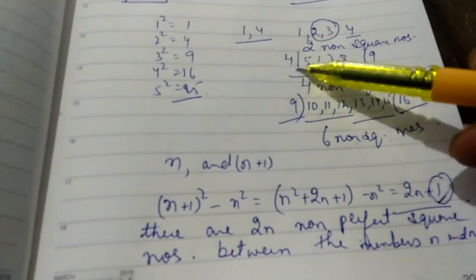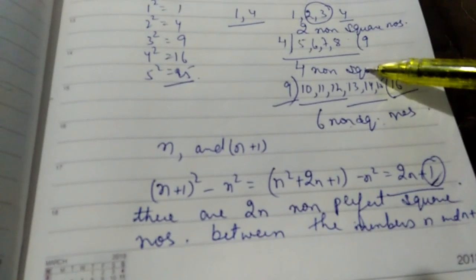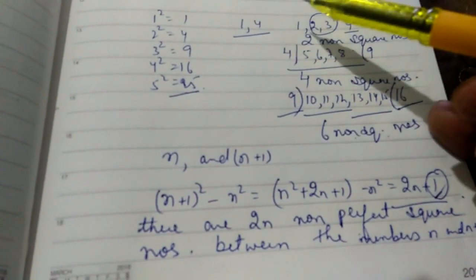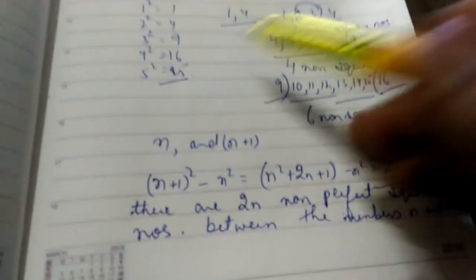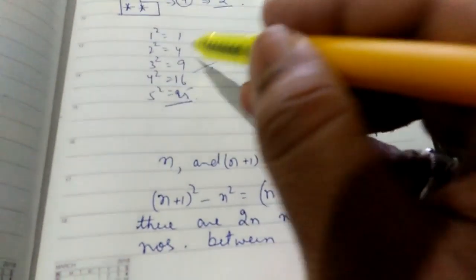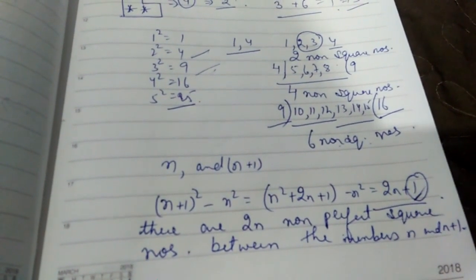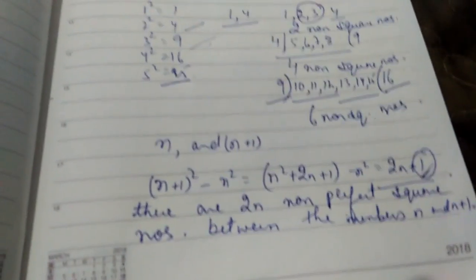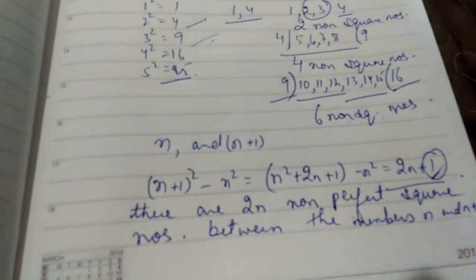For n equal to 2, 2 into 2 is 4 non-square numbers. We are finding the difference between 2 square and 3 square. This concept should be extremely clear. It is not difficult, it is easy.